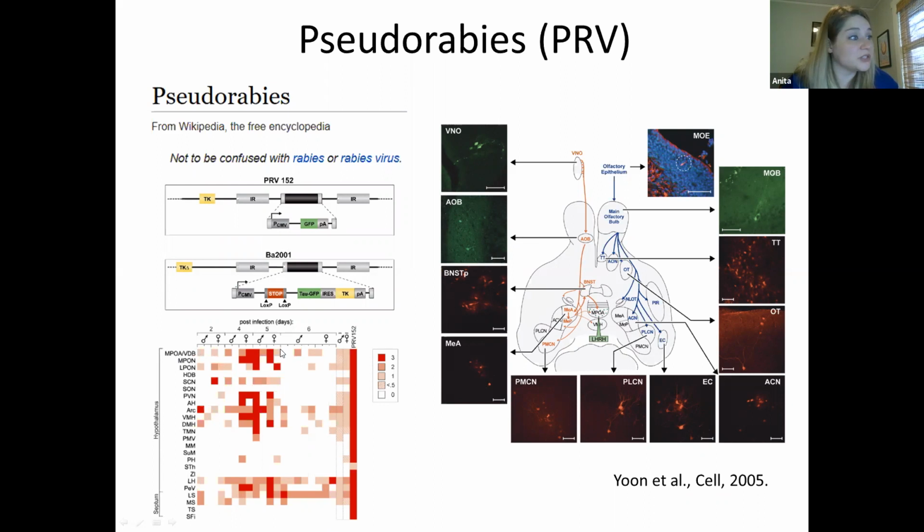But notice that you start getting less after some days because the neurons start to die. So you only have a few days that you're going to be able to use this. But if you infect the VNO versus the olfactory epithelium, you can get differential trafficking of the payload for the PRV virus.